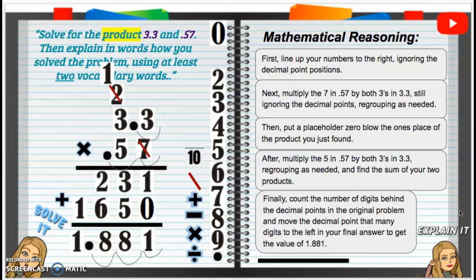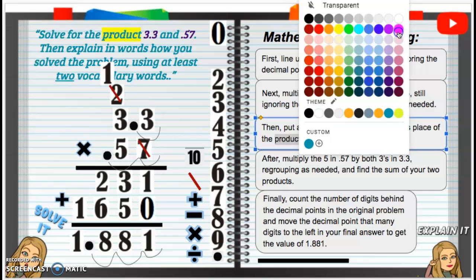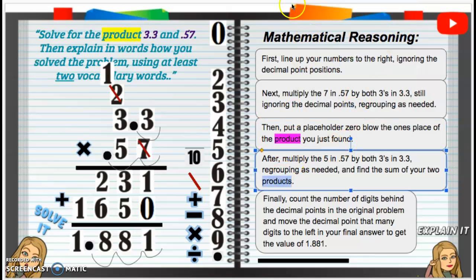All right, so what do we need to still do though? We solved it, we wrote about it, but now we need to make sure that we have two vocabulary words. So I know that product is a vocabulary word because that's the answer to a multiplication problem. I'm going to highlight that. And also there's that word product.